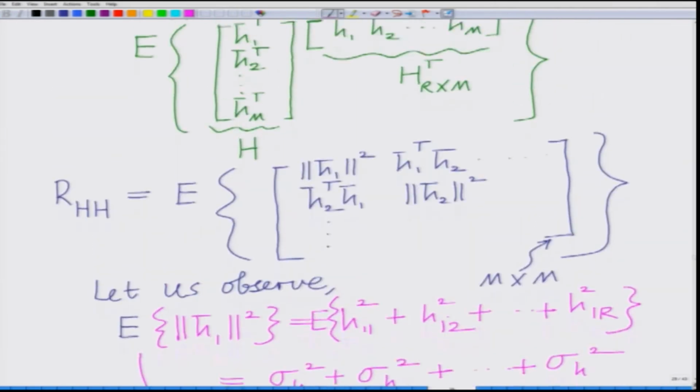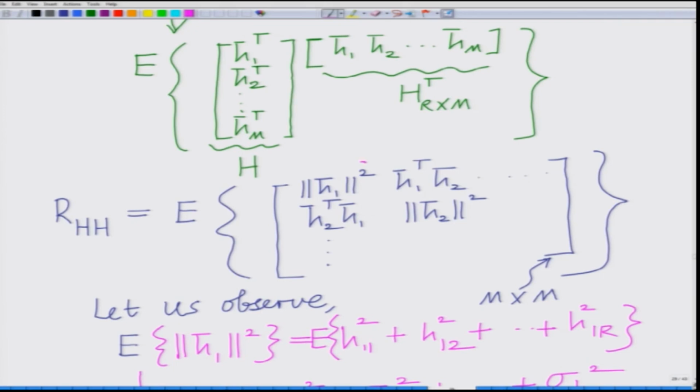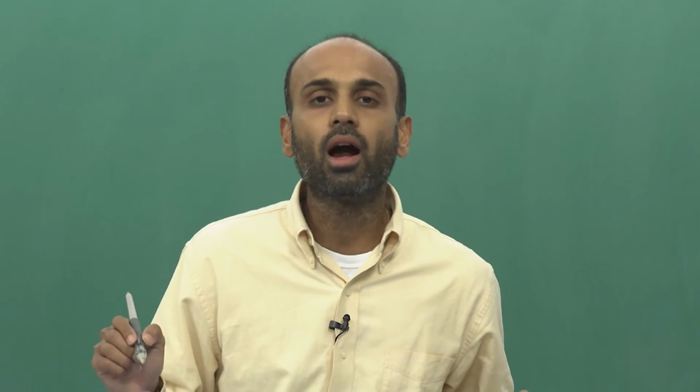This means all the diagonal entries of the covariance matrix will be R sigma H square.